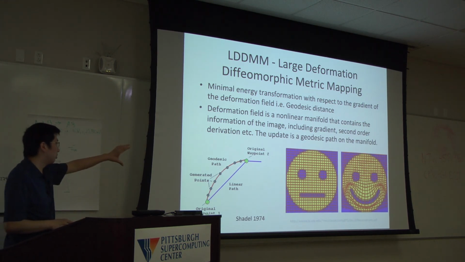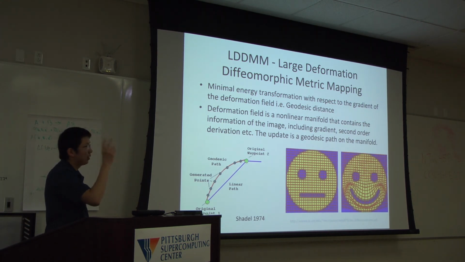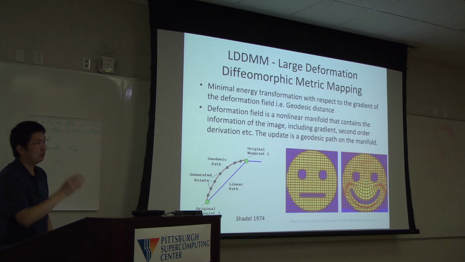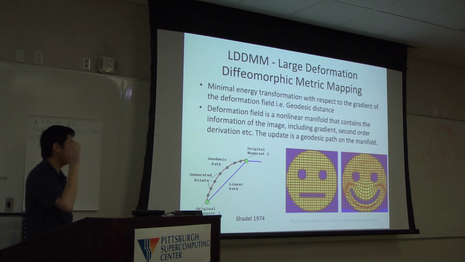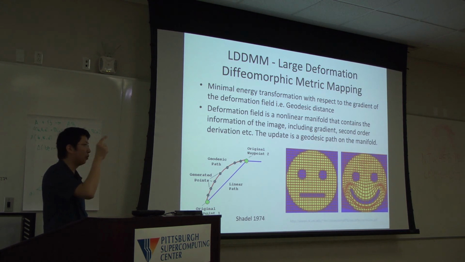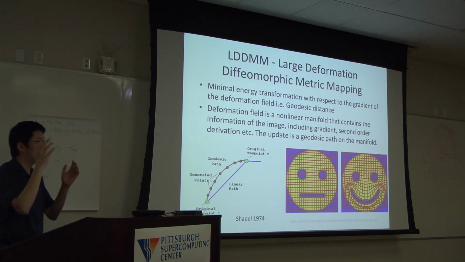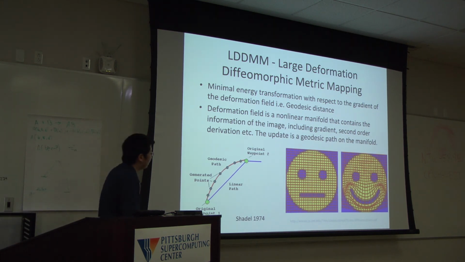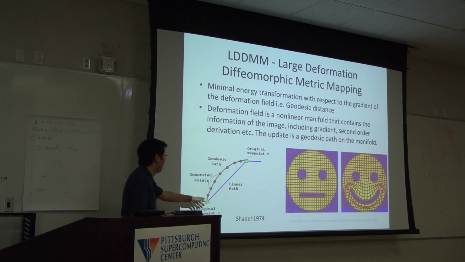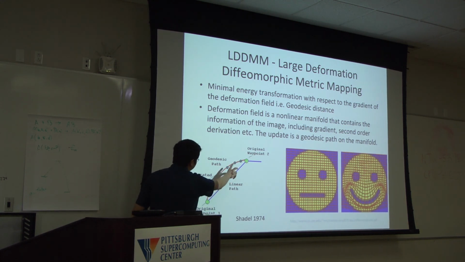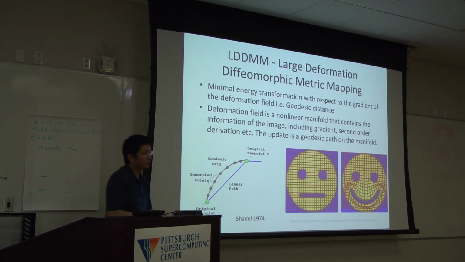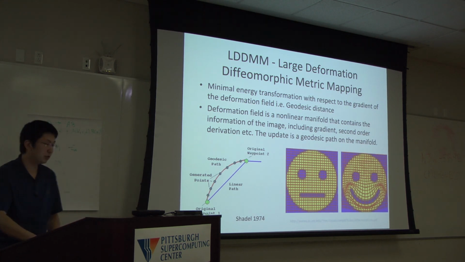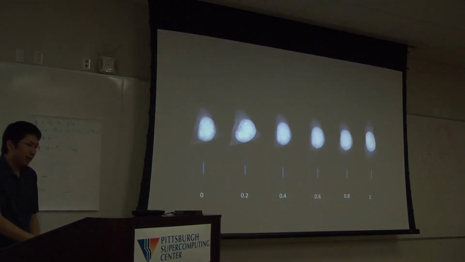This is similar to if we want to travel from a city to a very far away city on the Earth, we need to travel on the surface of the Earth, which is a curve instead of a straight line. So here is the same idea. It's not travel through a straight line, but through a curve. So it's a nonlinear process.